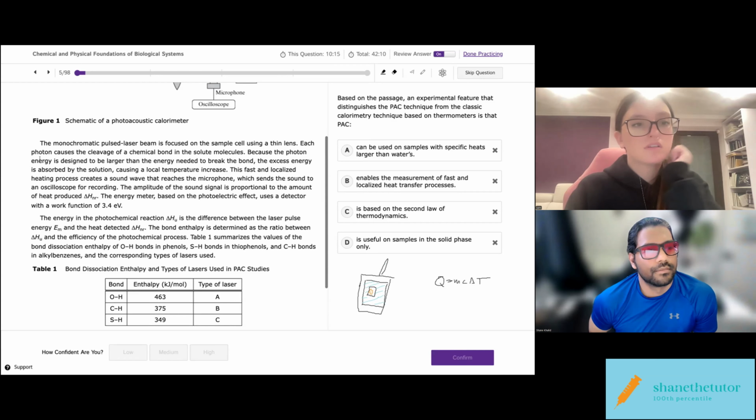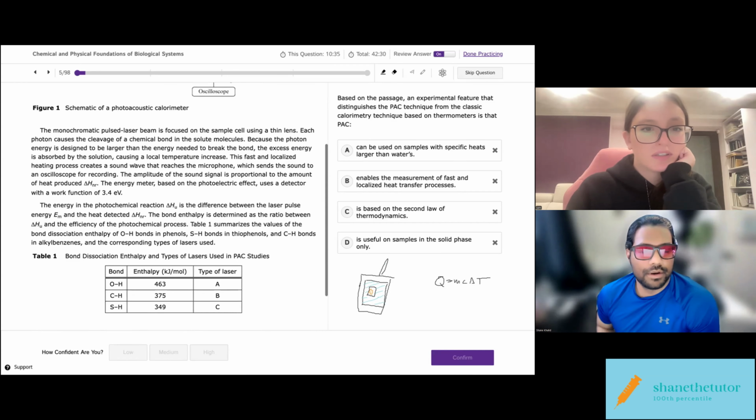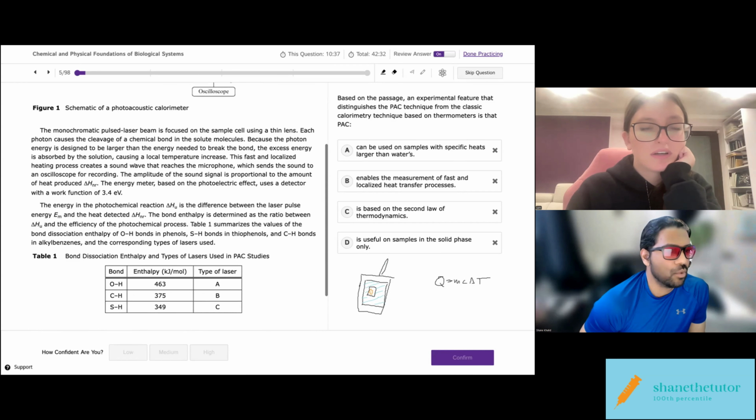Each photon causes the cleavage of a chemical bond in the solute molecules. Because the photon energy is designed to be larger than the energy needed to break the bond, the excess energy is absorbed by the solution, causing a local temperature increase, which is fast and local. So let's think about what they're saying here.